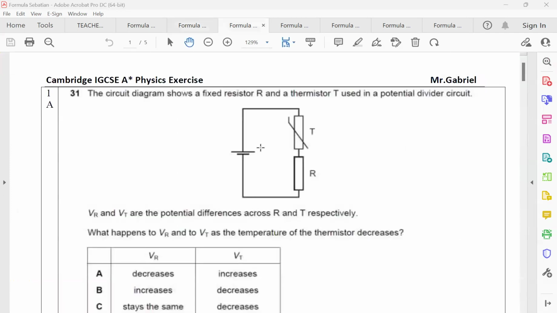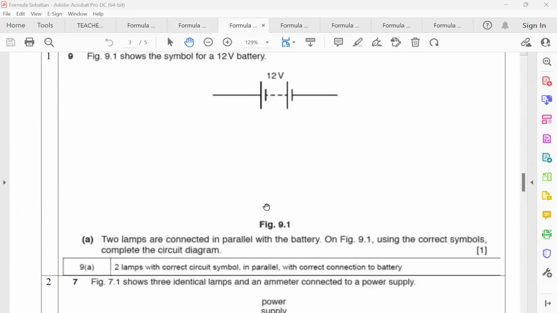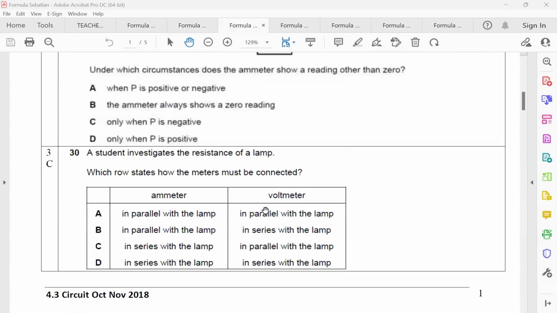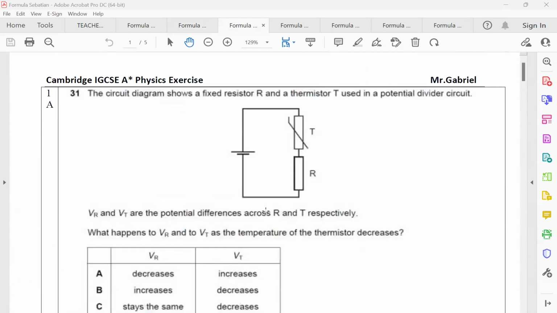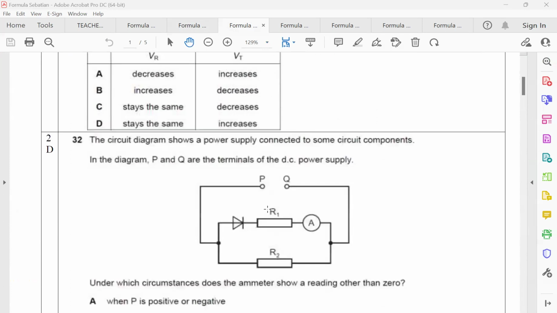Okay, last part. Check answers for the ABC first, guys. Question 1A. Question 1A, what happened? Question 2, why so mad? What happened?